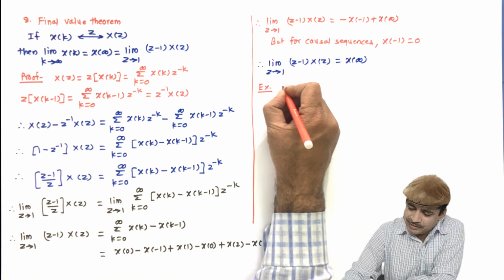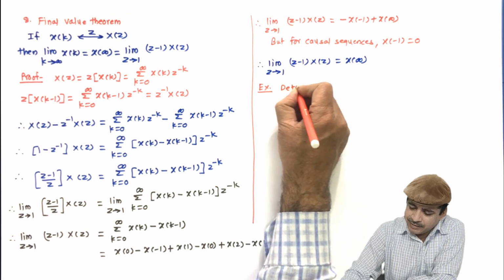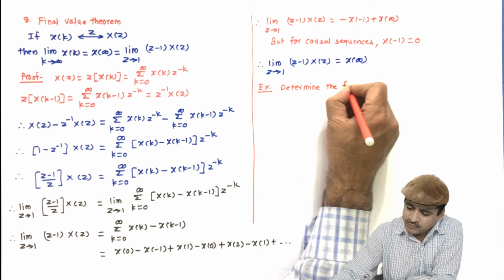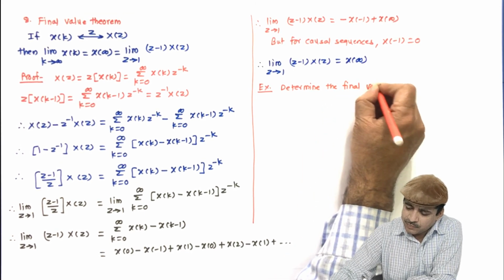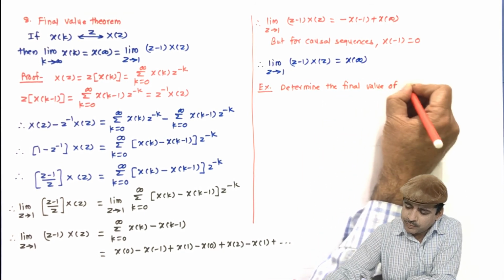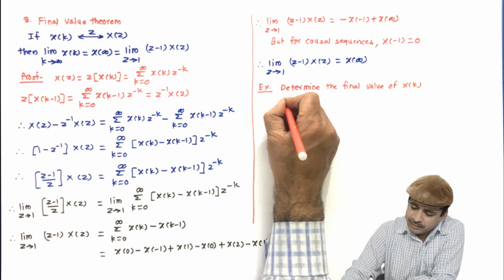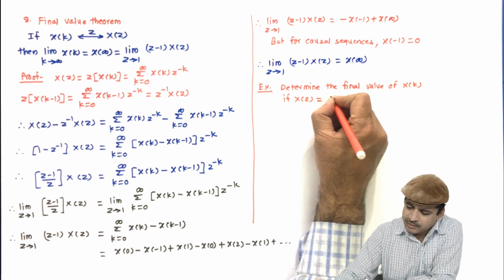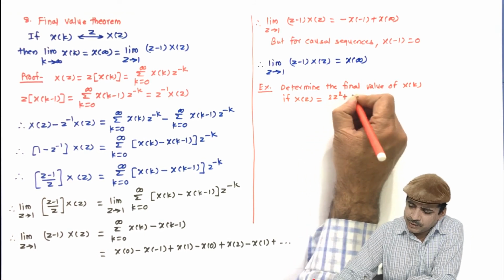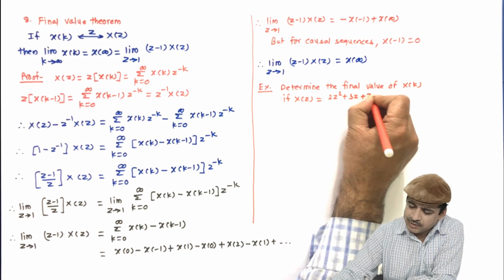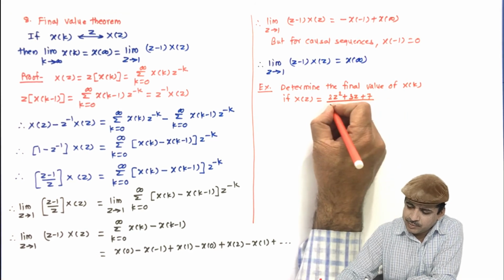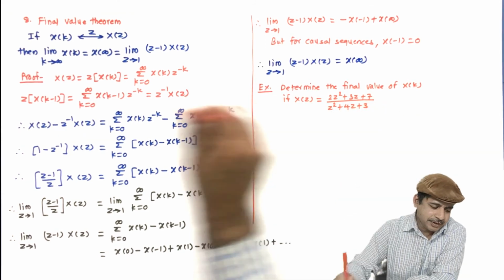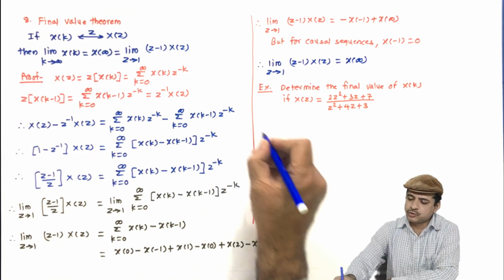So here the example is: determine the final value of x(k) if the same X(z) we take, (2z square plus 3z plus 7) divided by (z square plus 4z plus 3). And now let us see the solution.